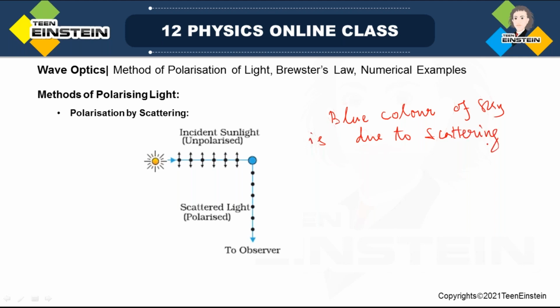Okay, that we have already learnt in the previous chapter, the geometrical optics chapter. This blue color of the sky is due to scattering of light.